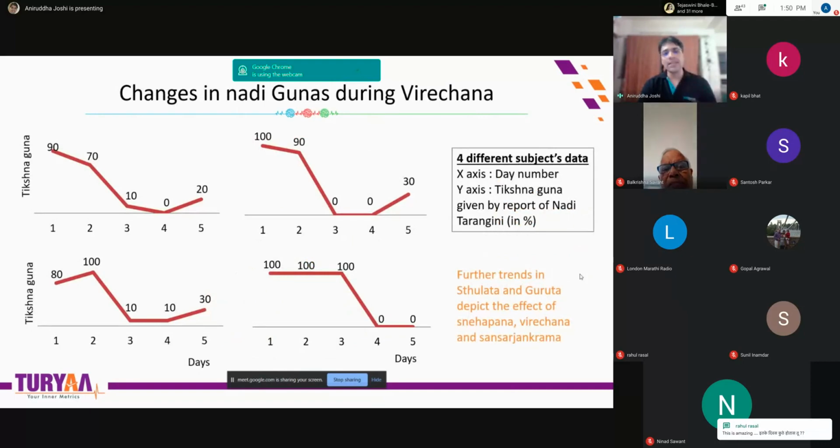We have heard about many panchakarma treatments. One of them is virechan, in which you try to get toxins out of your body. So basically, your samata is increased, your tikshnata is increased, you are feeling acidic, you are feeling healthy, bulky, and so on. So this virechana treatment, this panchakarma treatment helps.